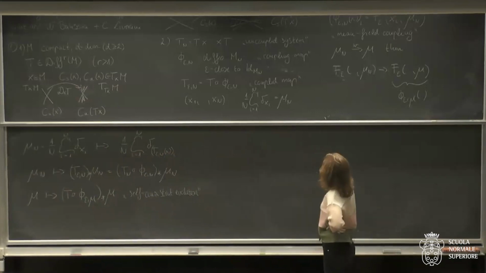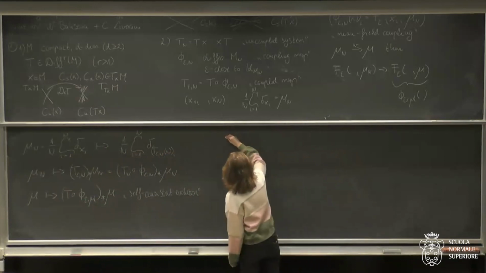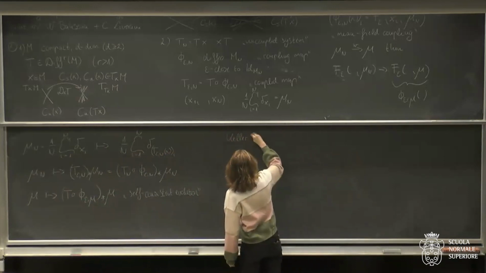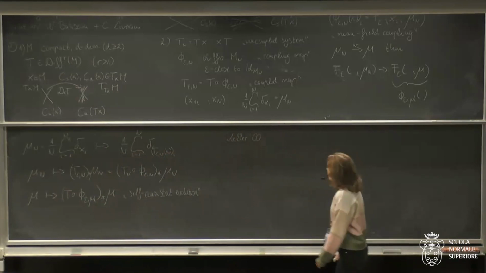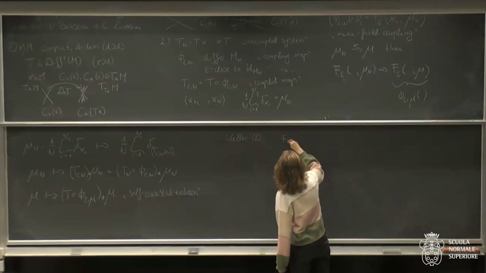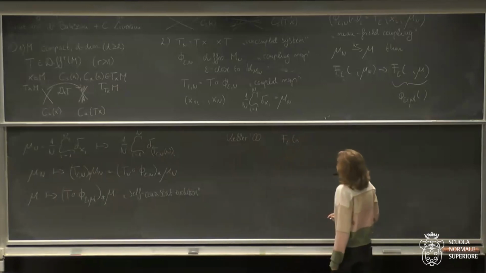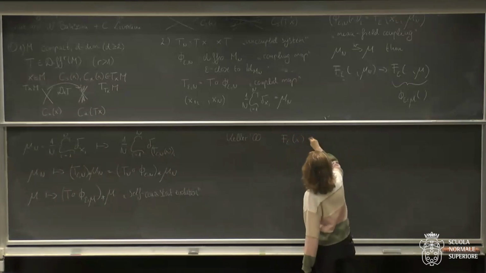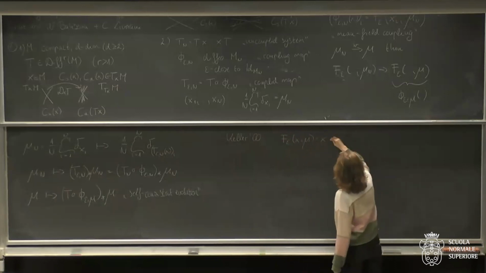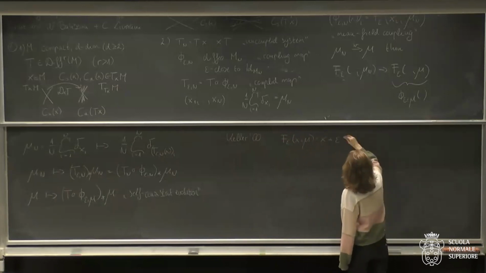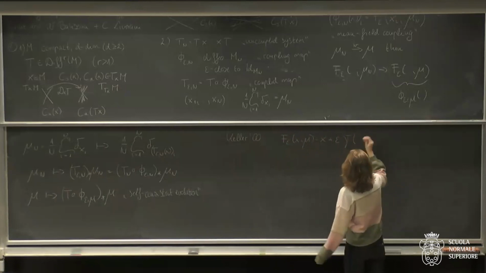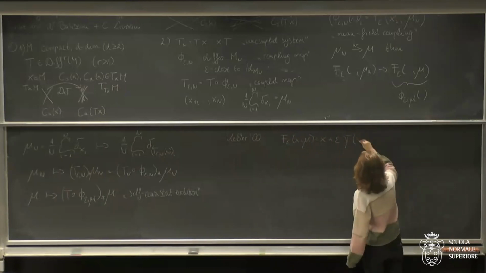Now, this is something I didn't come up with. People have studied this before, and I first saw this in a paper of Keller in 2000. He studied a special coupling that was of the form identity plus epsilon times some function. This is a gamma, but it doesn't really matter, just some function of x.